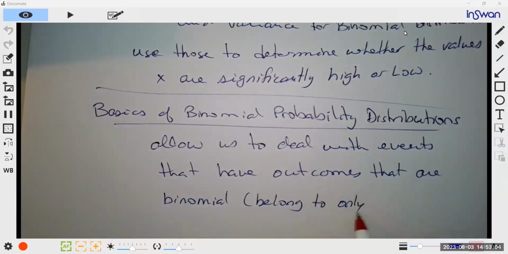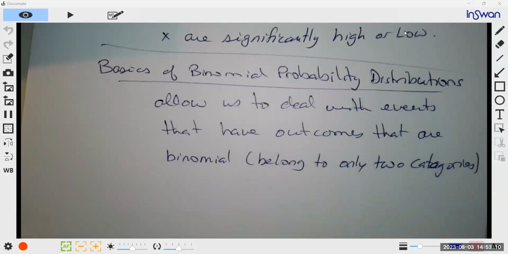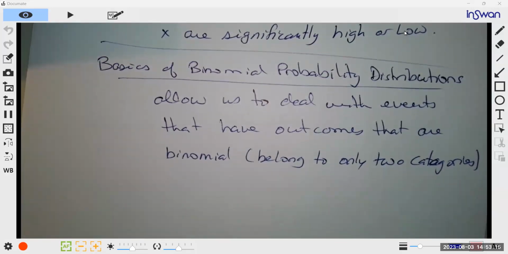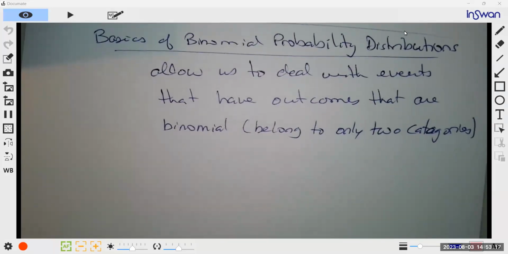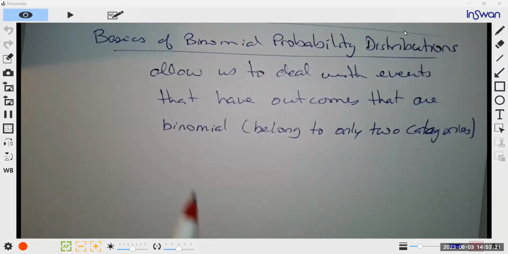Belong to only two categories. So that's what the whole binomial probability distribution thing's all about.